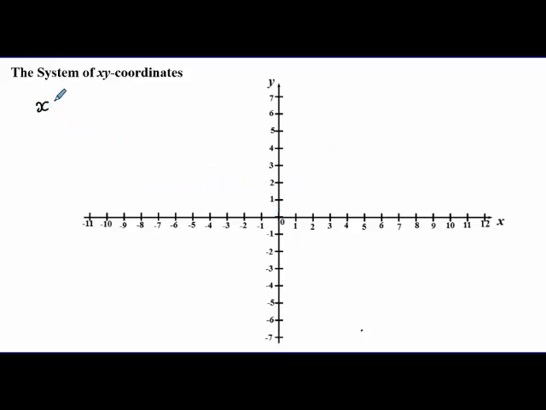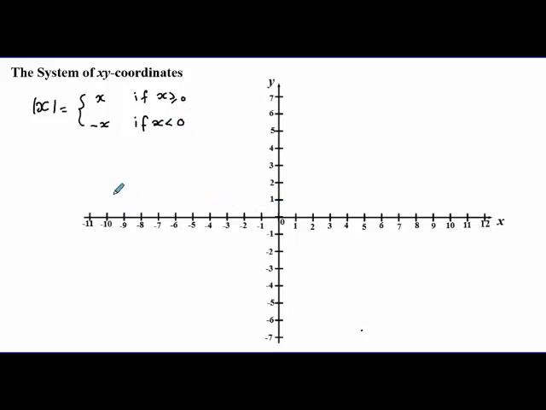You remember the absolute value of x is equal to x or minus x: x if x is greater than or equal to 0, and minus x if x is less than 0.